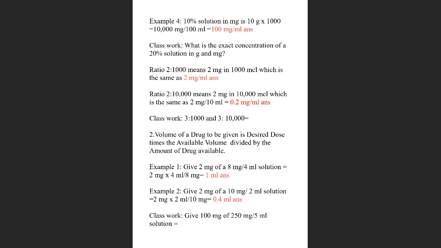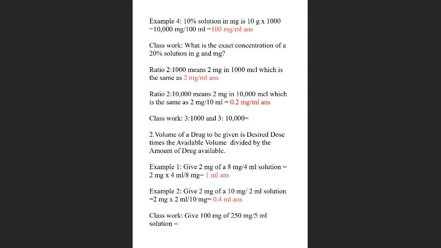So you need to work out what we call the volume of a drug to be given. So that is the desired dose, the dose you're supposed to give, times the available volume, how much fluid is available, divided by the amount of drug you have. Now, you have to be able to identify what is your desired dose, what is the available volume, and how much of the drug you have present.